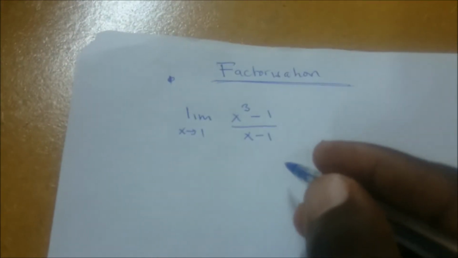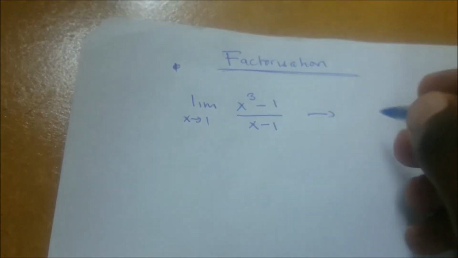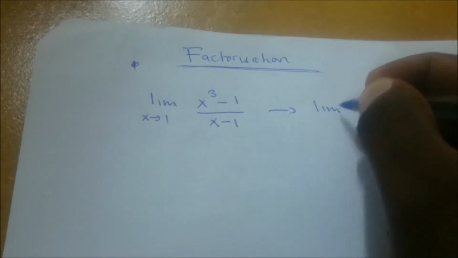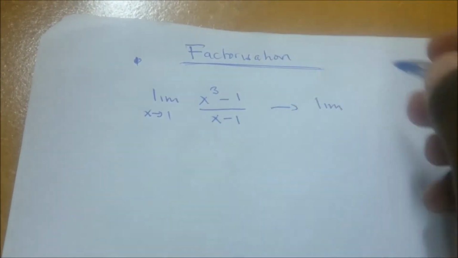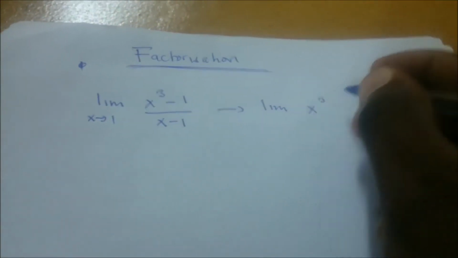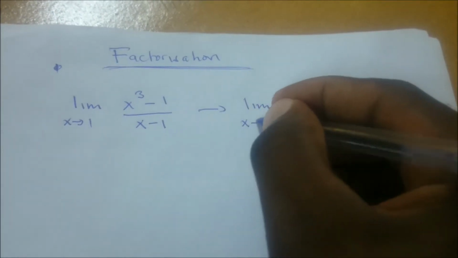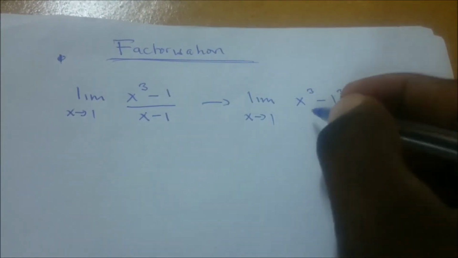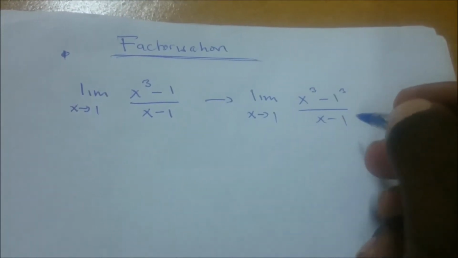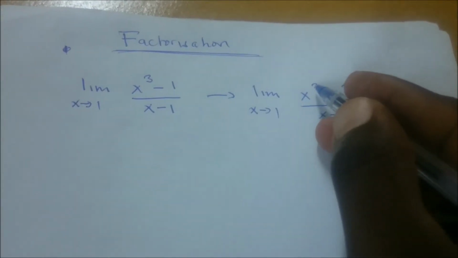This limit can also be written as what? We're trying to factorize this one. It can also be written as the limit of x cubed minus 1 cubed as x is approaching 1.